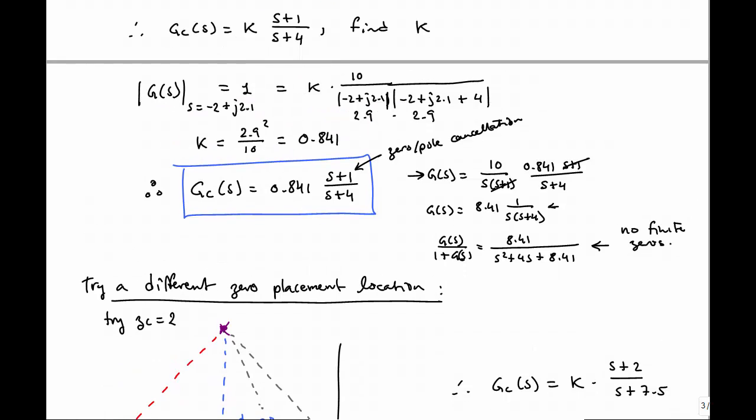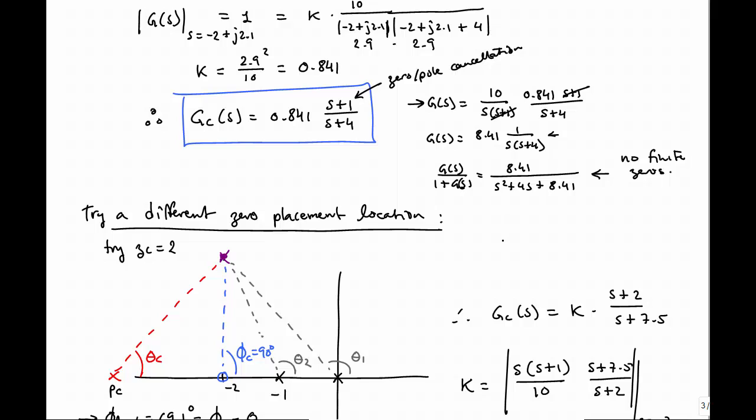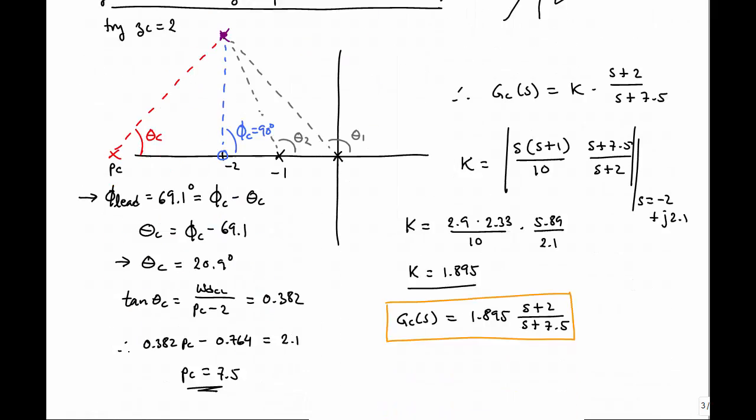For our second system, though, we have a different situation. So this is the case where we did have the overshoot was 5%, 5% overshoot as required.